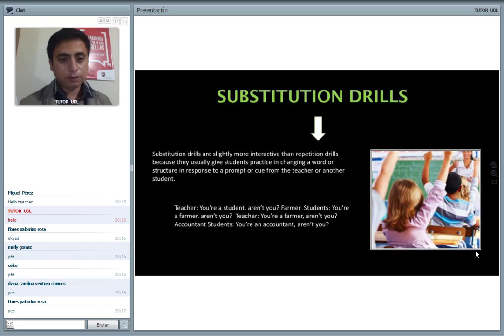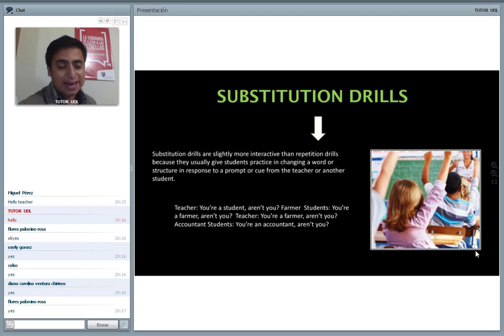For example, here the teacher says, you are a student, aren't you? Farmer. So students are going to say, you're a farmer, aren't you? The students are not repeating the exact words that you say. Instead of using student, they are using farmer. The teacher continues, you are a farmer, aren't you?